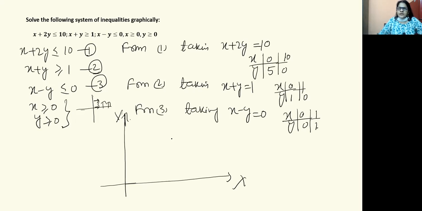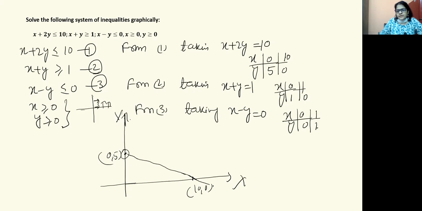Even if we take points in another quadrant, while shading we have to see that no portion of the solution goes beyond the first quadrant. Then plot (0, 5) and (10, 0), and join them.